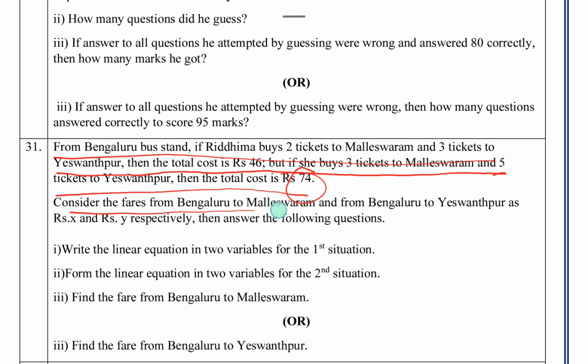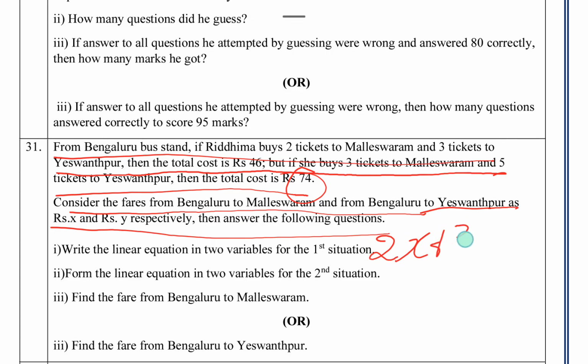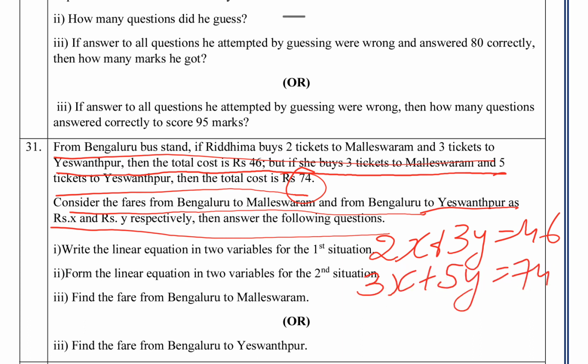Consider the fares from Bangalore to Malleshwaram and from Bangalore to Yeshwantpur as x and y respectively. We have to write the linear equations in two variables. First situation is represented as 2x plus 3y equals to 46, and second situation is 3x plus 5y equals to 74.